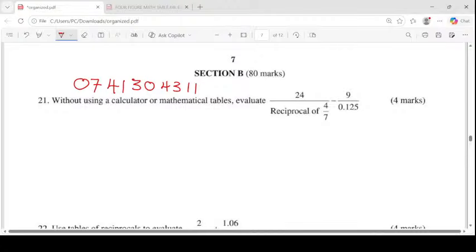So this can be written as 24 all over the reciprocal of 4 over 7, which becomes 7 over 4.